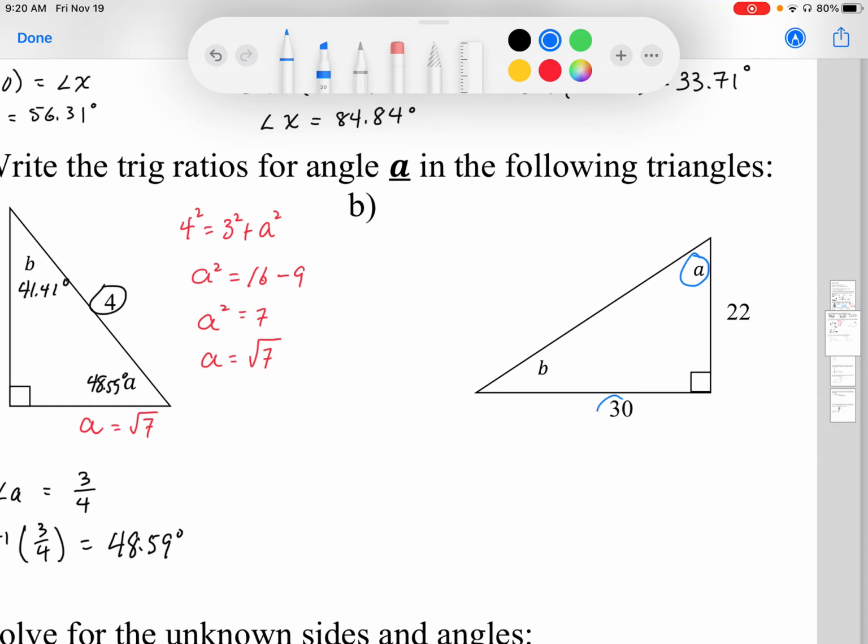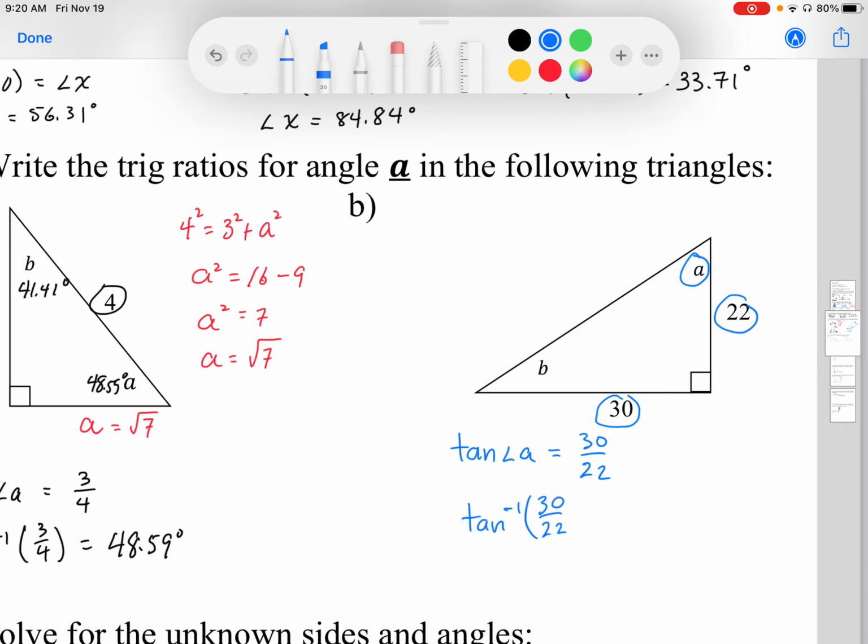So to find angle A, I'm going to use opposite and adjacent. Okay, so opposite, adjacent, SOHCAHTOA, that's tan. So I'm going to write this as tan of angle A is equal to opposite over adjacent. That is a ratio. I want the angle. I need to use the inverse tan for this problem.